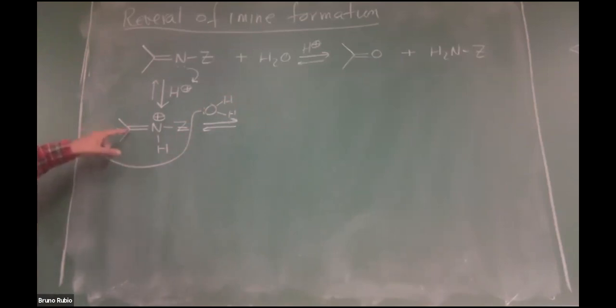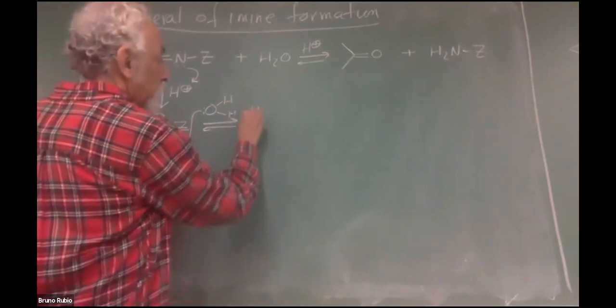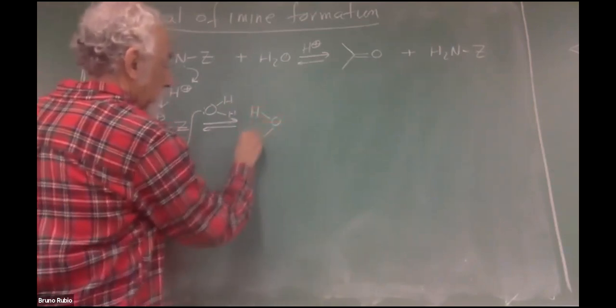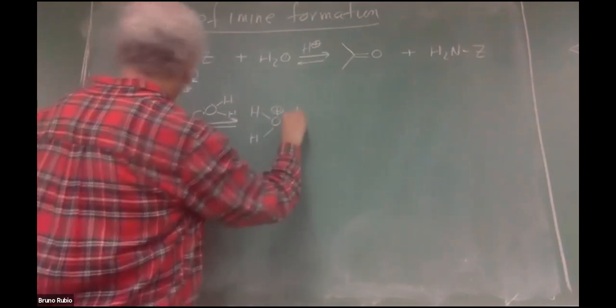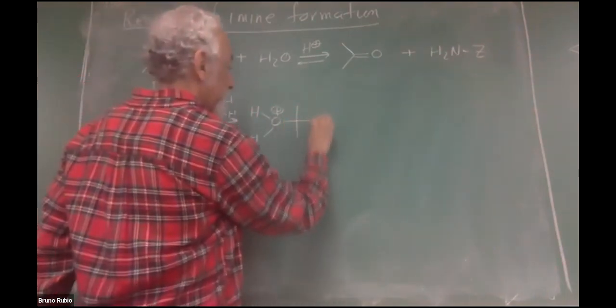We can't stop there because if we stop there, we're going to have a carbon with 5 bonds. So we have to chase away one of these bonds in the carbon-nitrogen double bond, and those electrons go onto that nitrogen. Okay, so we have an intermediate that looks like this.